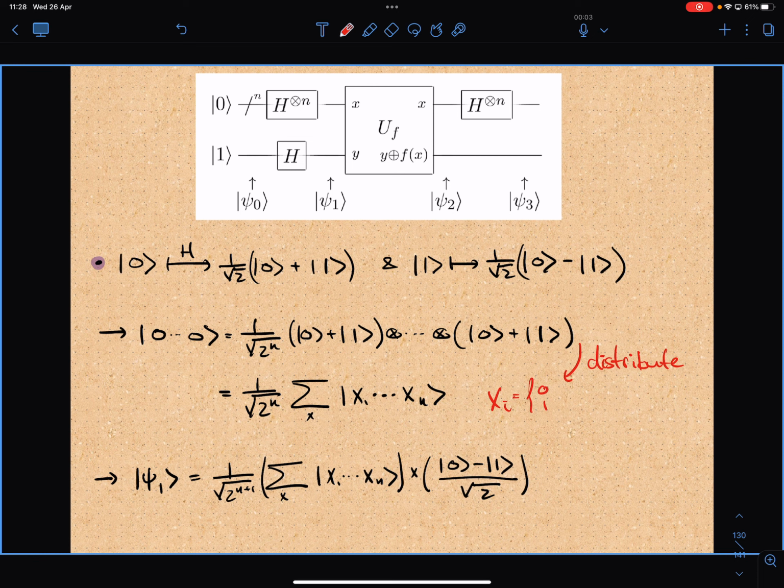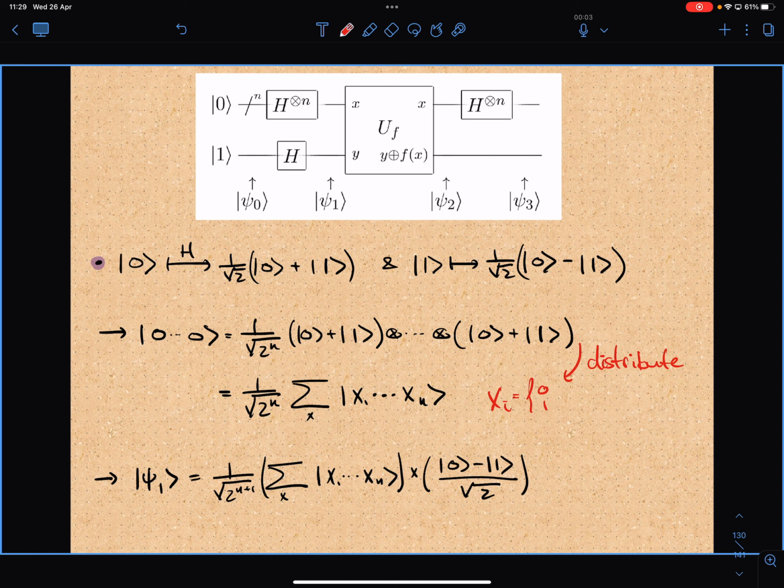So I create all the possible values, all the possible inputs for my function. And this is part of the trick to where the quantum algorithm is faster than the classical algorithm, because essentially I can try all things at the same time, all possible inputs.